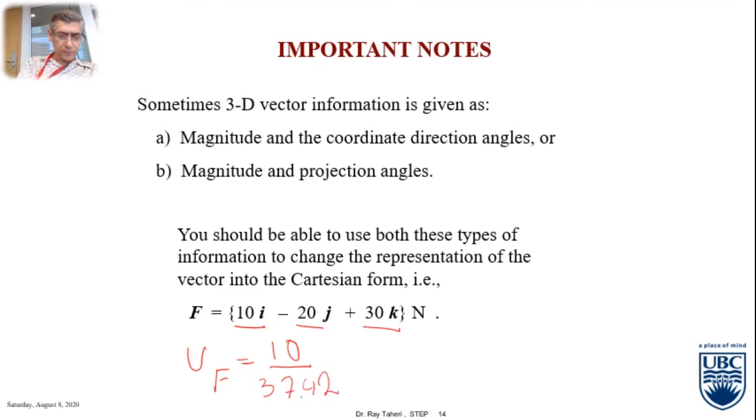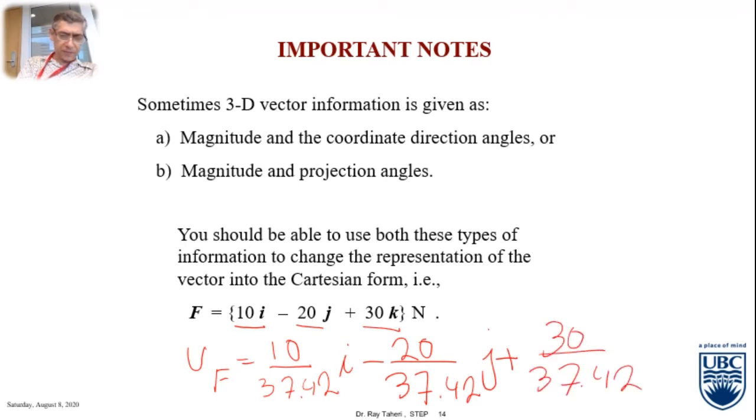i, minus 20 divided by 37.42 j, and plus 30 divided by 37.42 k.